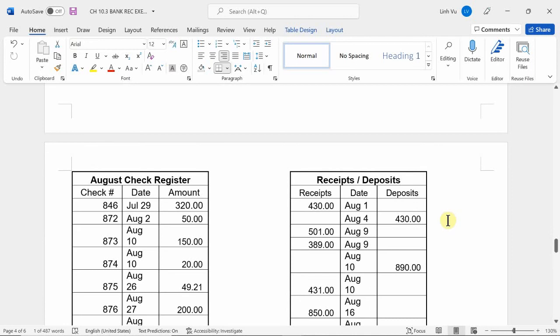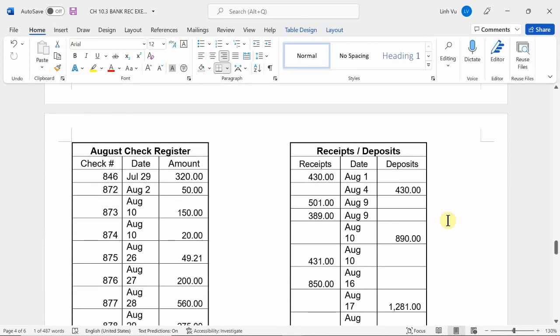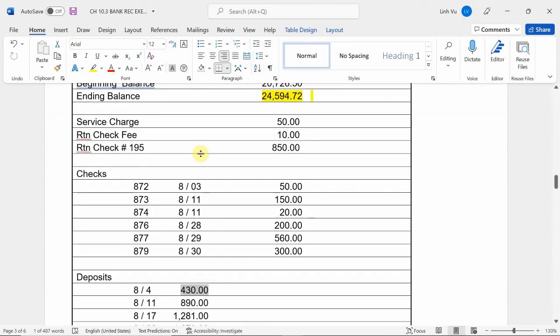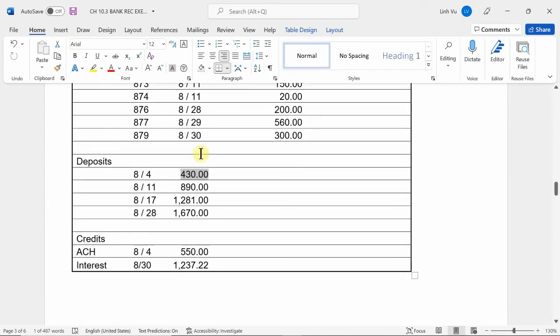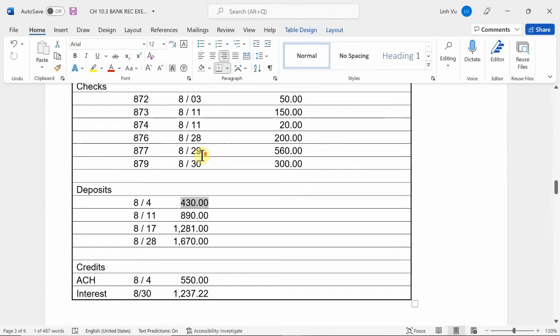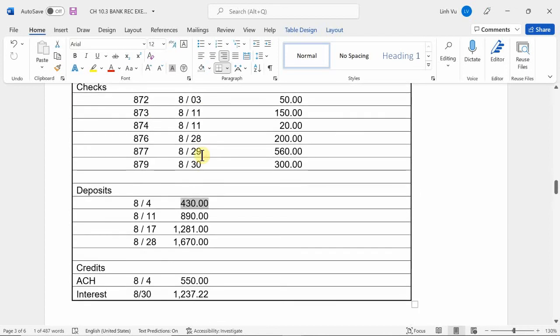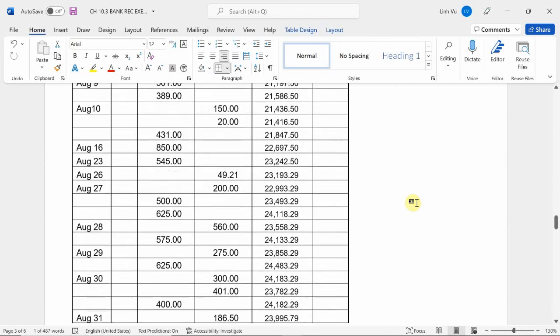We have August 3 in the top. August 3rd. I don't know where you're looking at August 3rd because we're not looking at checks, we're looking at deposits. Oh, okay. We have August 4, 11, 17, 28. Okay. Now what do we have here?